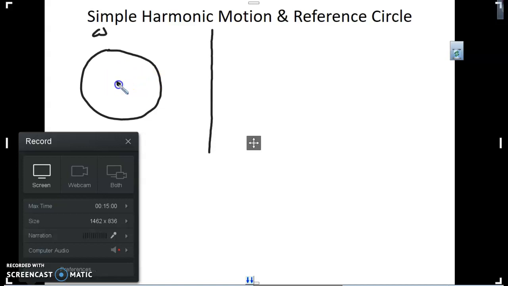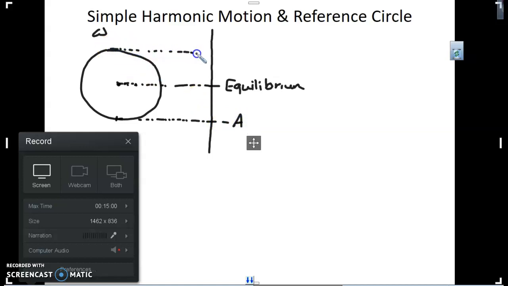Right here in the center, we have our equilibrium. And when we have a full radius, like right here, that is going to be projected as what we call negative A, and over here will be our positive A. You might think, well, that's the same everywhere, and it is.